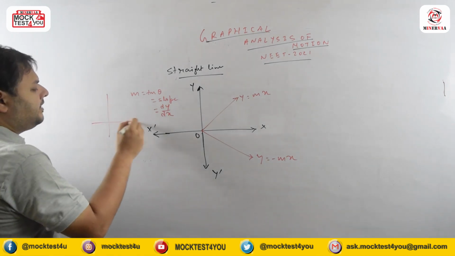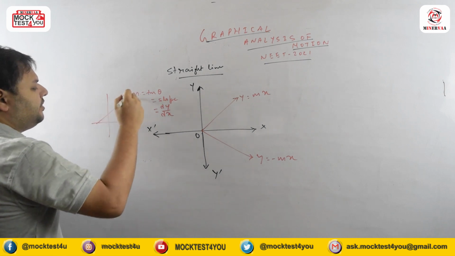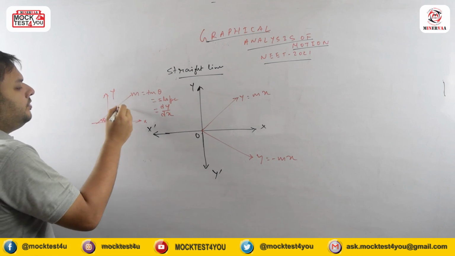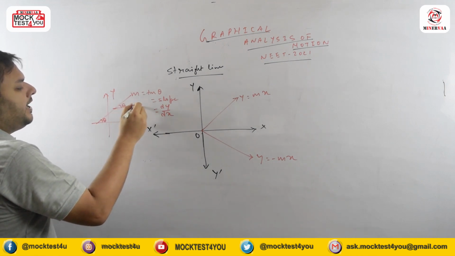Suppose in a graph, this is the nature of the graph. This is theta, the angle made with the positive x-axis. Here also, at any point there will be a corresponding angle theta.